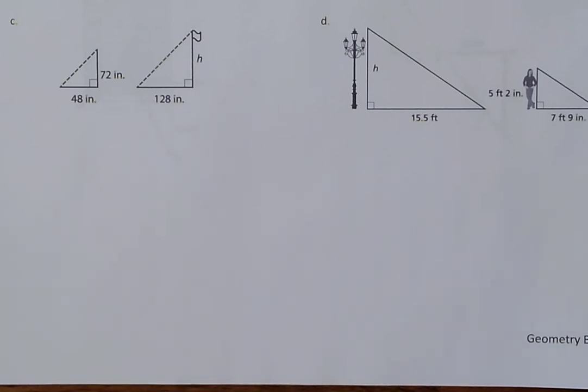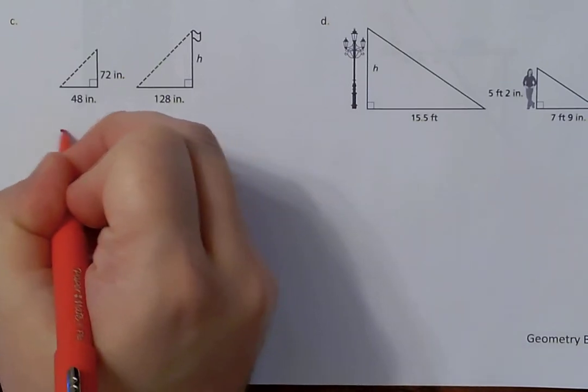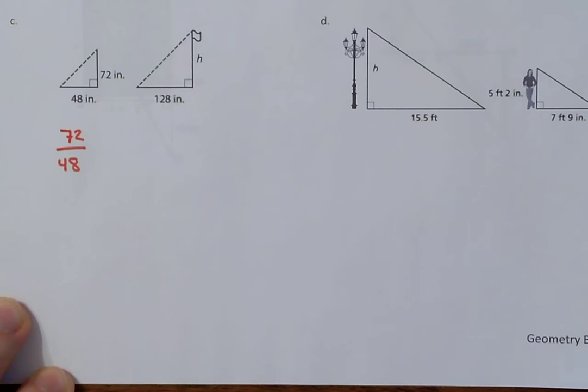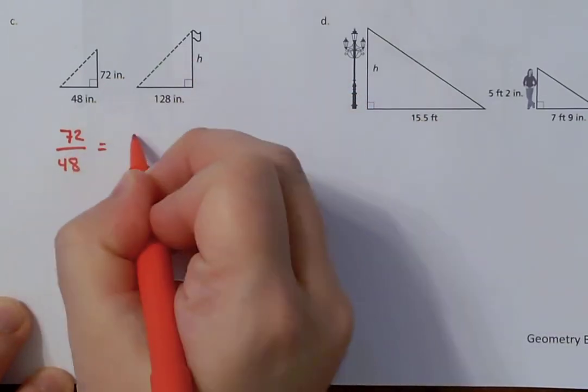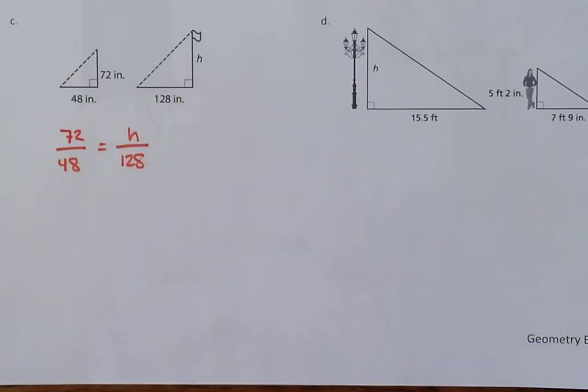So just set up your proportion where height over shadow, so it's going to be 72 over 48. And then height over shadow, so it's h over 128.